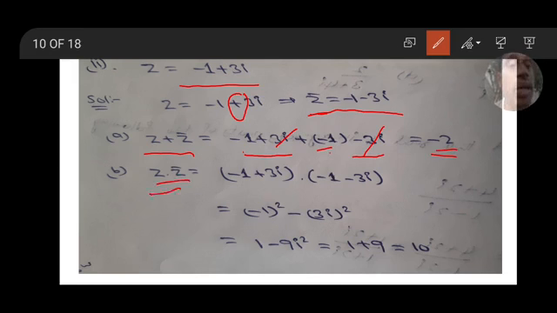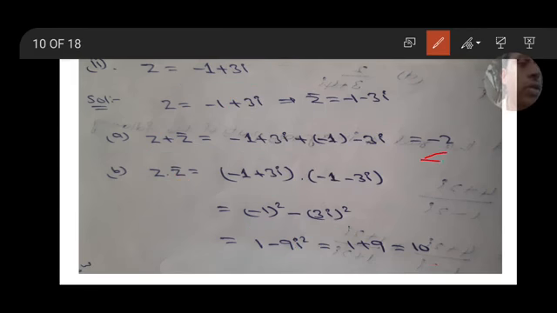Next, z into z bar: minus 1 plus 3i into minus 1 minus 3i. a plus b, a minus b gives a squared minus b squared, so minus 1 whole squared minus 3i whole squared. Minus 1 whole squared means 1, 3i whole squared means 9i squared. i squared means minus 1, minus of minus is plus. So 1 plus 9 means 10. z into z bar equal to 10 and z plus z bar equal to minus 2.